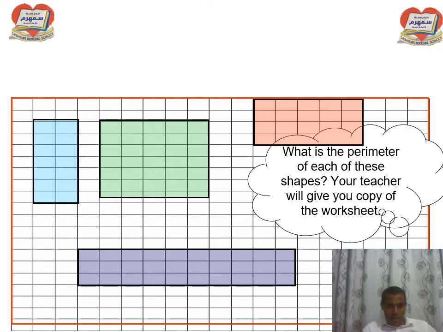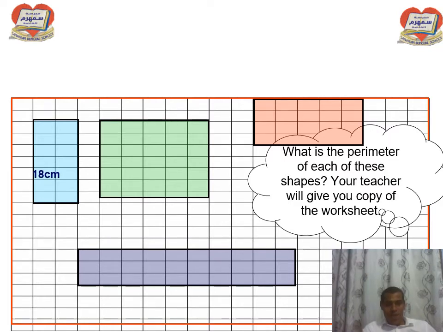You can see this is 1, 2, this is also 1, 2, so this is 1, 2, 3, 4, 5, 6, 7. 7 plus 7, 14, plus 2, 16, plus 2 gives 18. So this, my learners, is 18 centimeter.